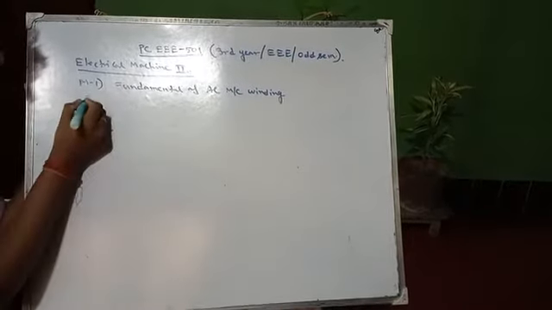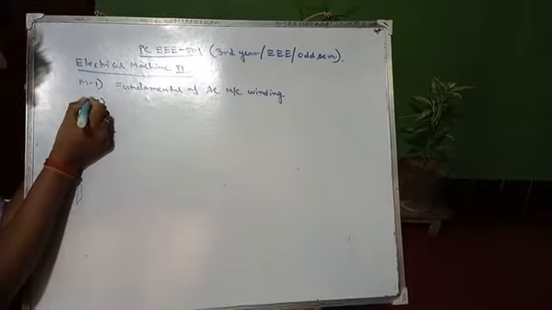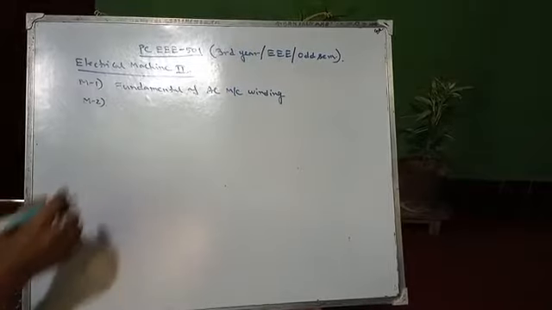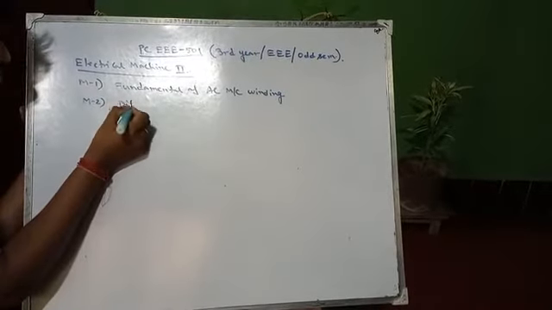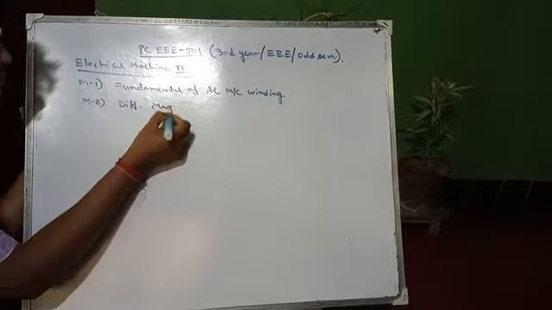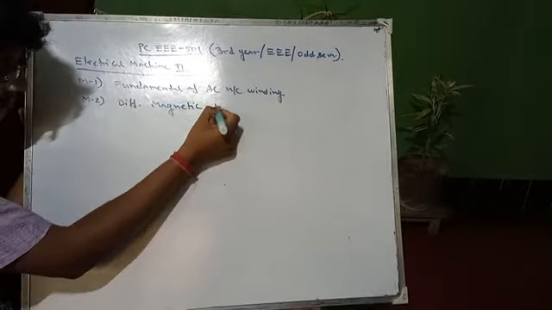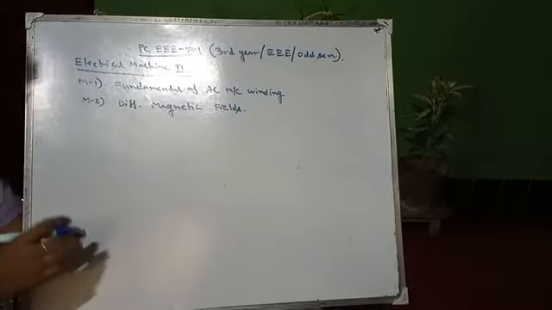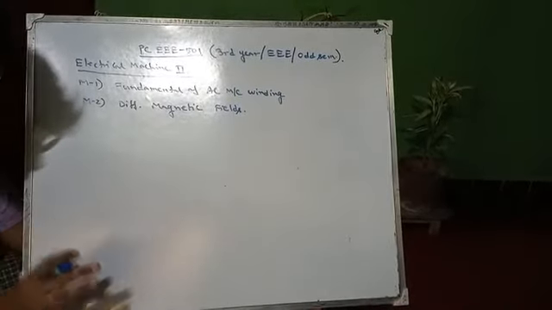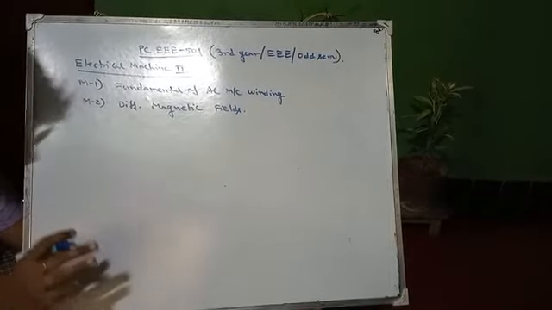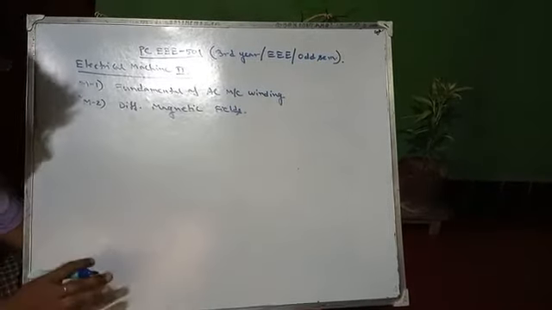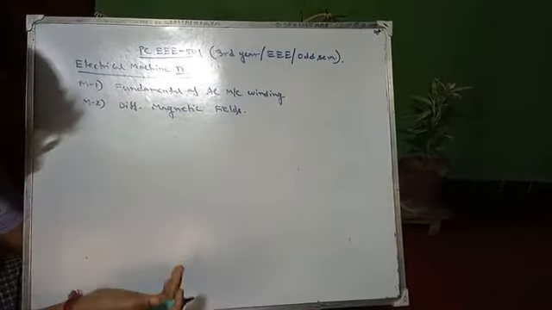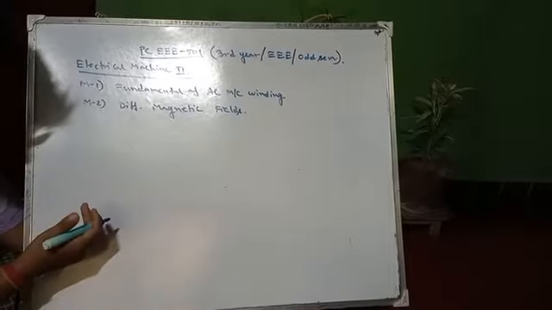Now module number 2 is magnetic fields, different magnetic fields. Magnetic fields means the basic operation of the electrical machine. We all know that an electrical machine converts electrical energy to mechanical energy or mechanical energy to electrical energy.